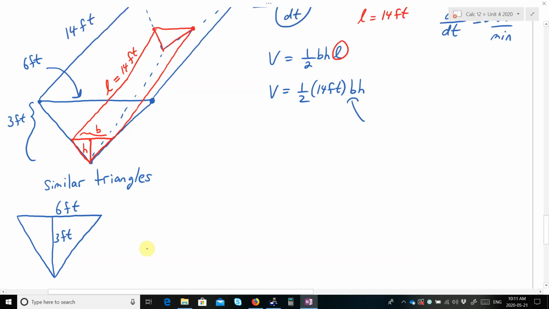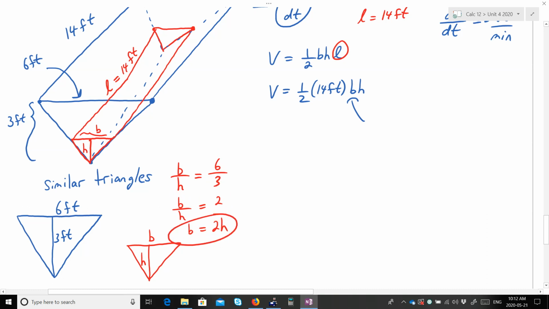And then we've got the little red water triangle, which is B and H, like that. Okay, and those are similar triangles. They have angles that are equal, which means base divided by height in the red triangle should equal base divided by height in the blue triangle. So B over H equals 2, so B equals 2H.